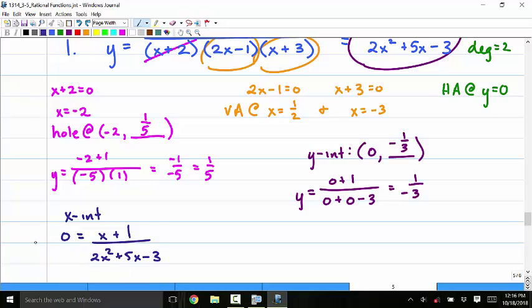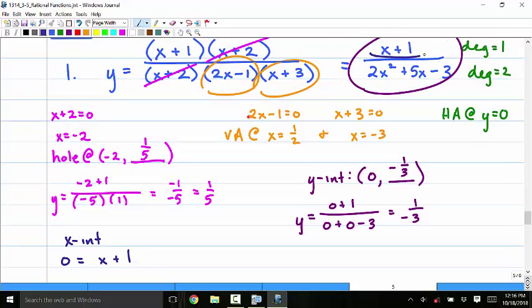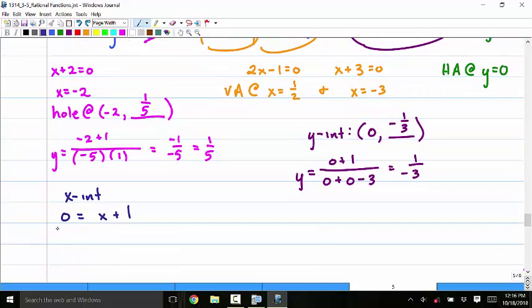So watch. I don't even need to put any of this. I just set the remaining numerator stuff equal to 0. So the x-intercept is negative 1, 0. To find the x-intercepts, set the remaining factors in your reduced equation that are in your numerator equal to 0 and solve for x.